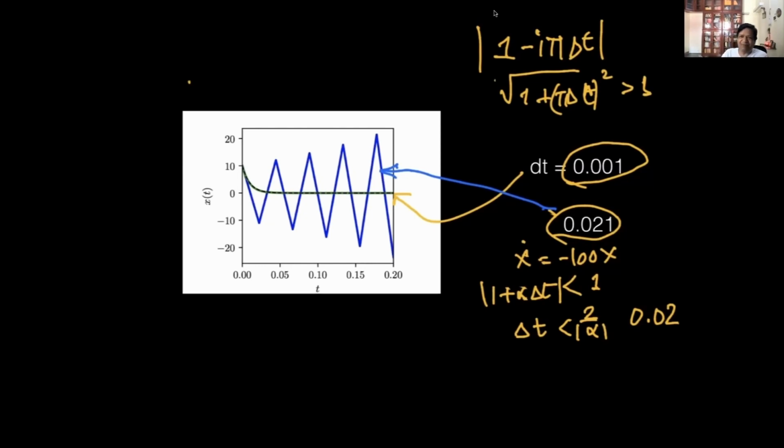That is the problem: for any delta t, this is going to be exploding outward. If alpha is complex with real part of alpha less than 0, the function is supposed to be decreasing to 0. But if I use the Euler forward scheme, then this mod will be greater than 1. We can verify it. It's greater than 1, and it just grows. It's not suitable. So for complex alpha, there is a problem.